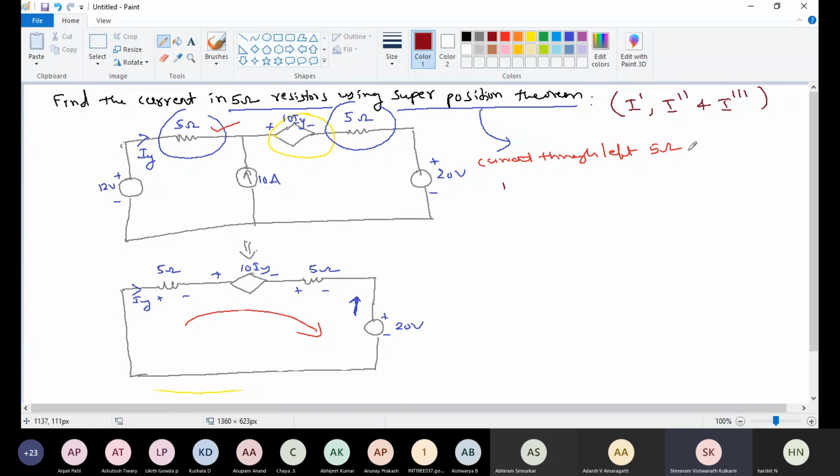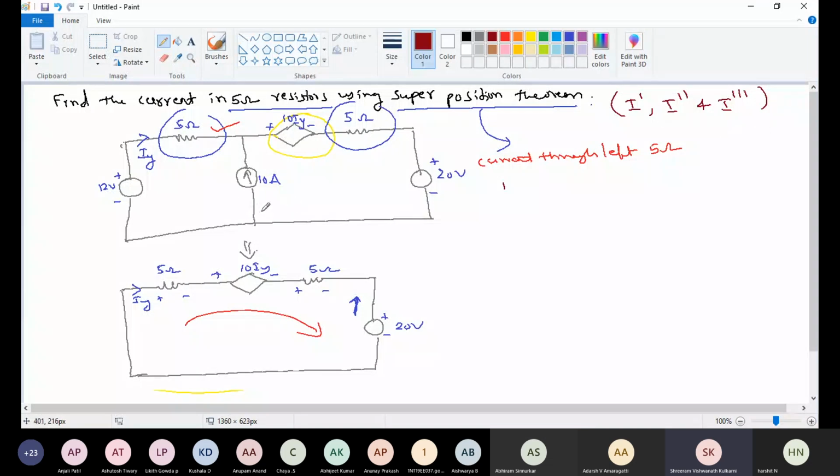Okay, now anyone tell me I dash, I double dash, I triple dash. This I dash is due to the effect of 12 volt. I double dash is due to effect of 10 ampere and I triple dash is due to 20 volt. Here we need to add all the three currents.